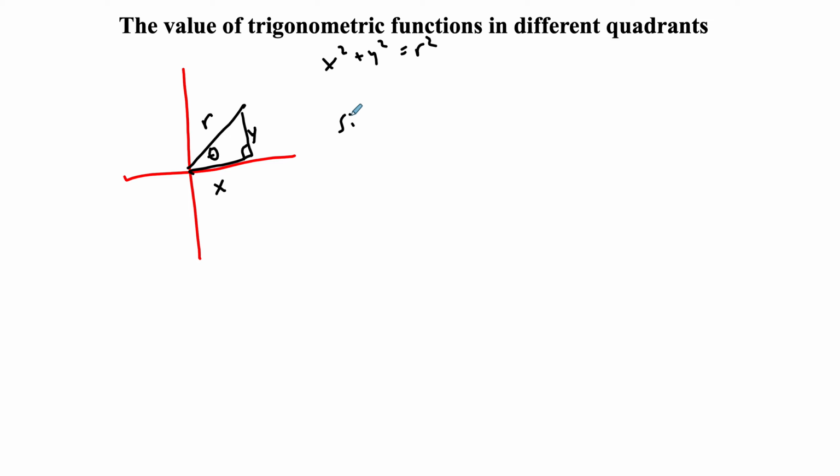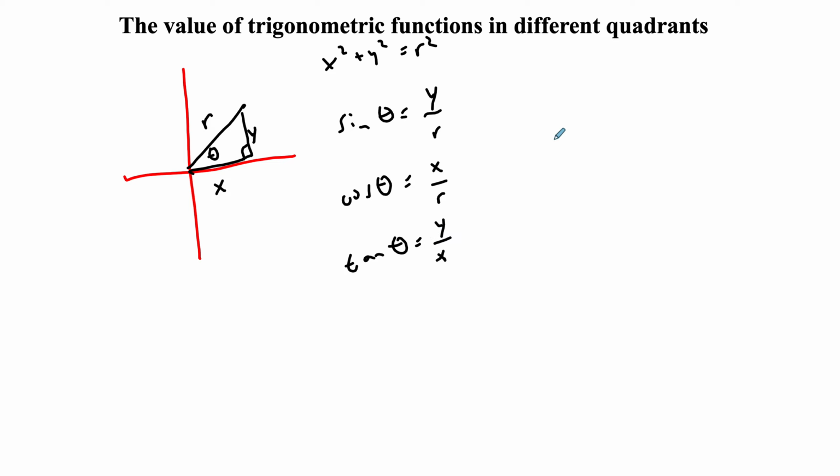So what this means is that the sine of theta would be y over r, the cosine of theta would be x over r, and the tangent of theta would be y over x. Now, if you look carefully, that's just a right triangle: opposite over hypotenuse, adjacent over hypotenuse, and opposite over adjacent.